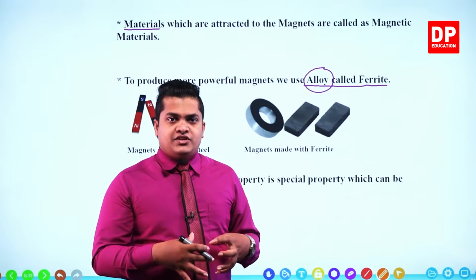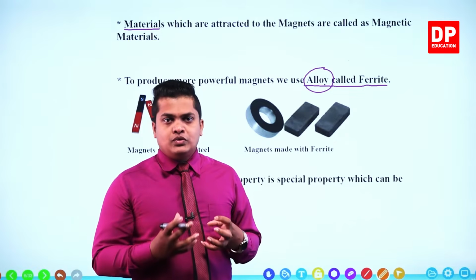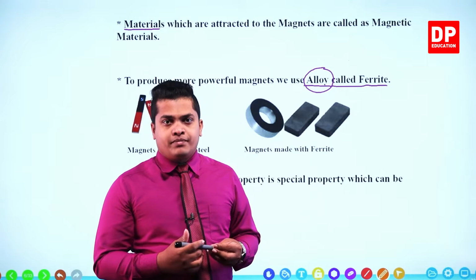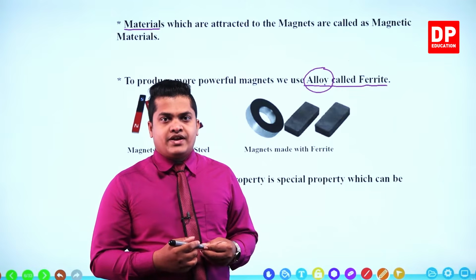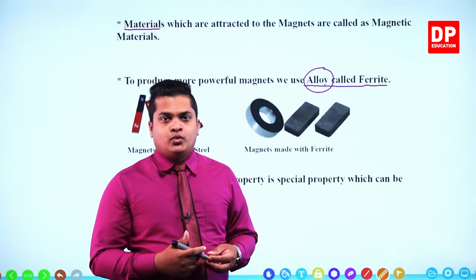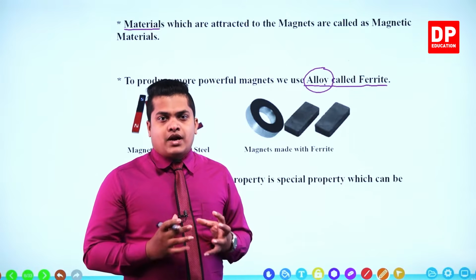By joining these together, we create the alloy called brass.